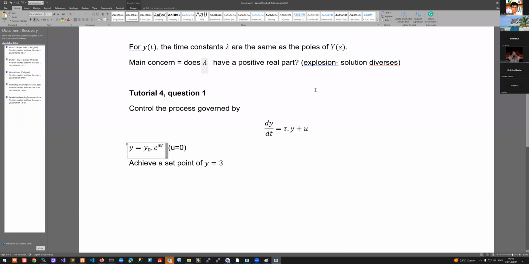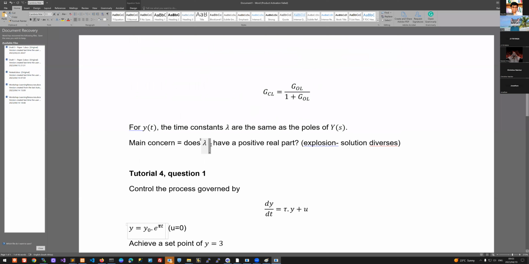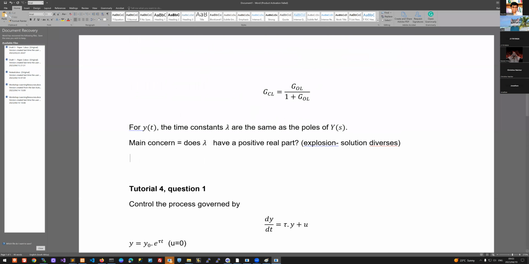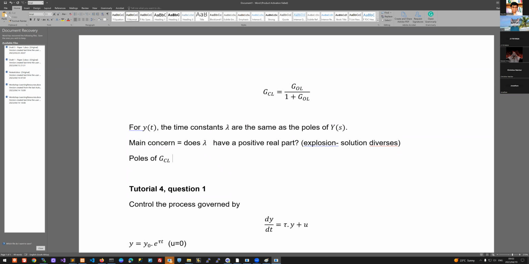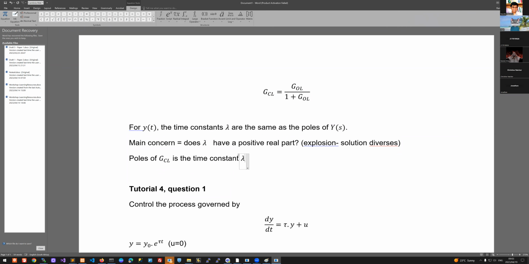And what we had also learned is that the poles of G closed loop give the time constant lambda.